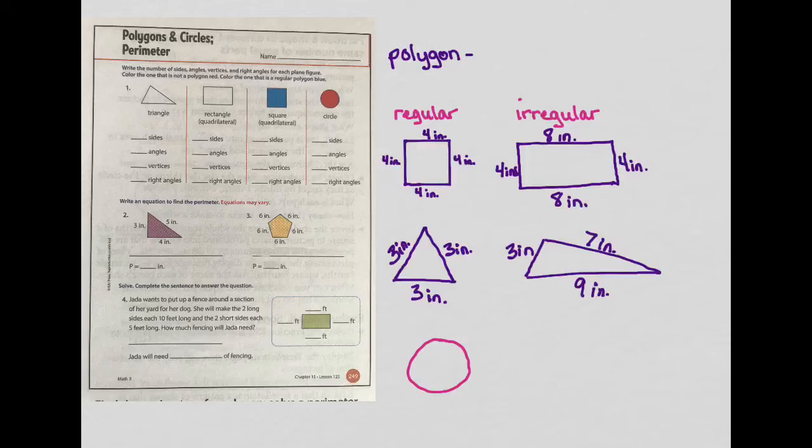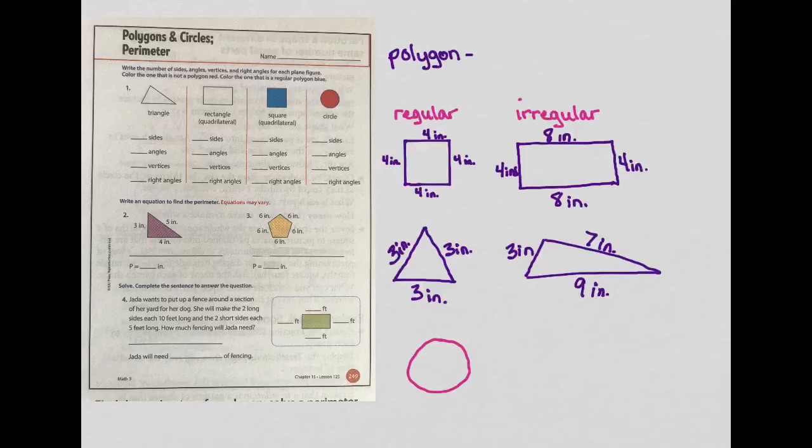Polygons are figures that have many sides and many angles. Well, a circle does not have any sides at all. It's really a closed curve, and you can't even tell where it begins or where it ends. So because it doesn't have any straight sides, angles, or vertices, it is not a polygon.